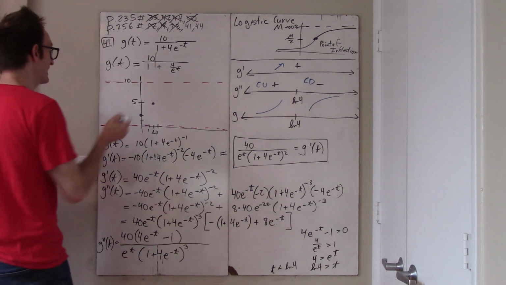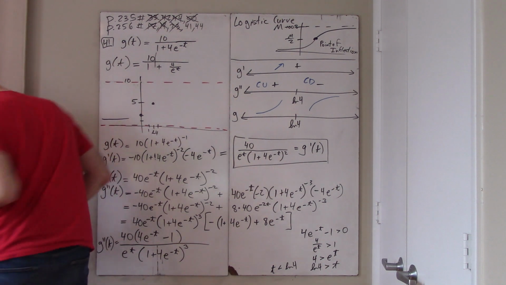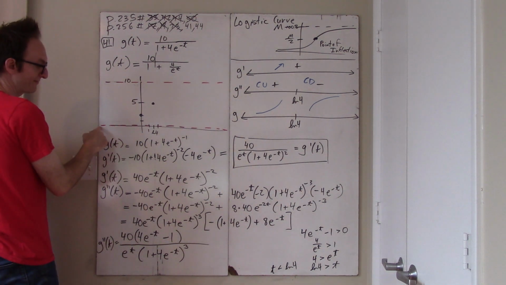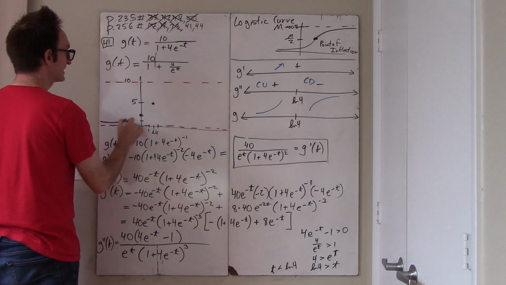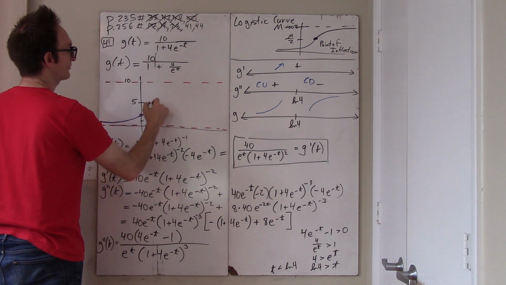So what does this graph look like? It is increasing concave up, left end behavior 0, increasing concave up, behaving like an exponential function, increasing faster, faster, faster.